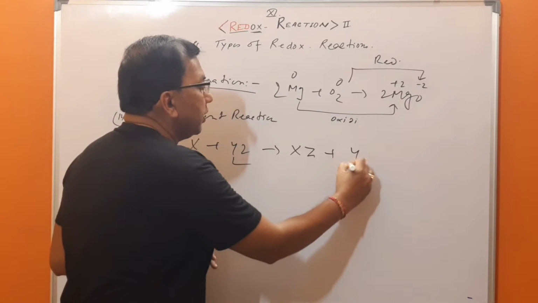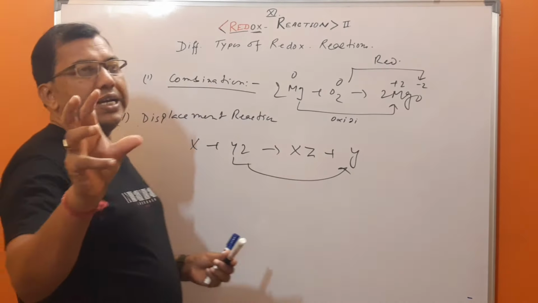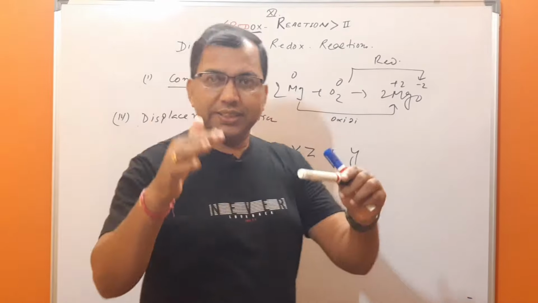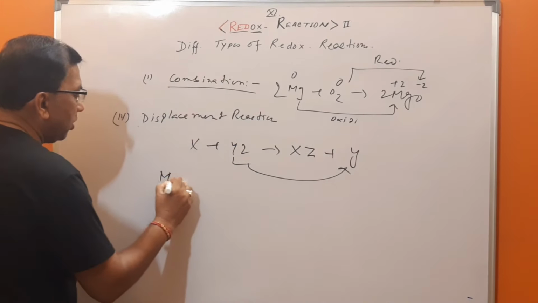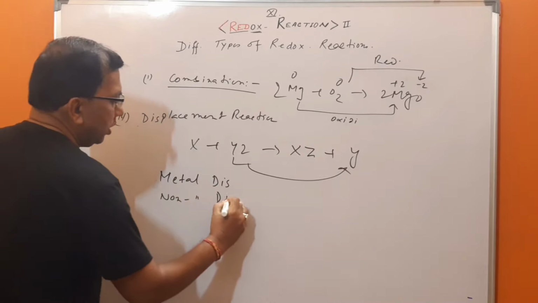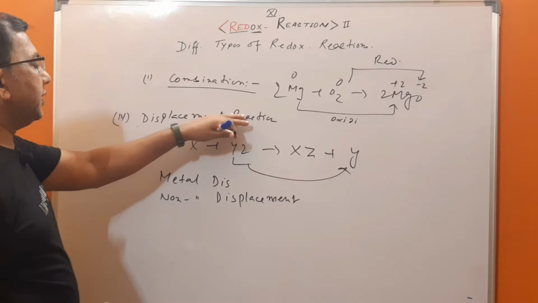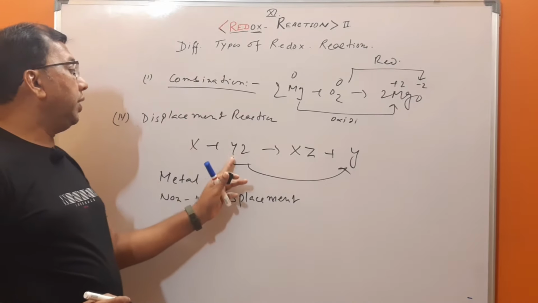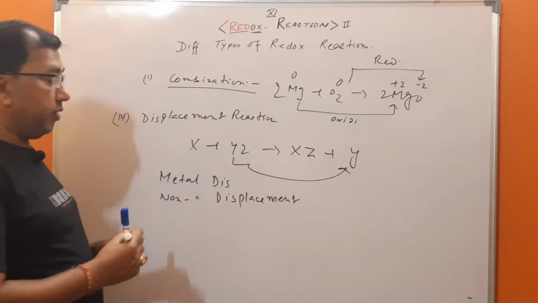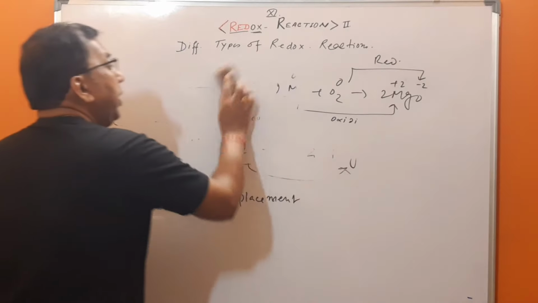This displacement reaction can be categorized into two types: metal displacement and non-metal displacement. In X plus YZ giving XZ plus Y, Y is displaced by X. It is also a redox reaction.